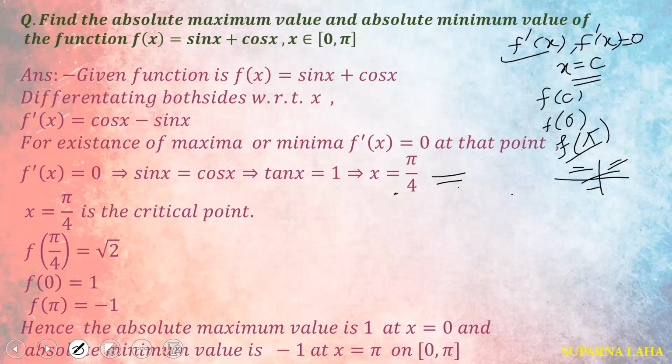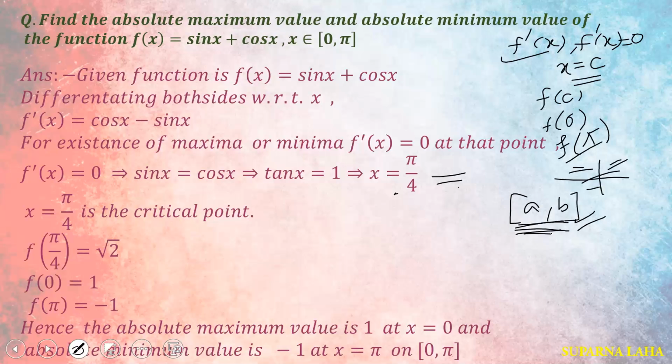Now, if any closed interval a, b is given, then the function will have its absolute maximum value occur in this interval at least once, and the absolute minimum value will occur at least once in this closed interval. This is the extreme value theorem.